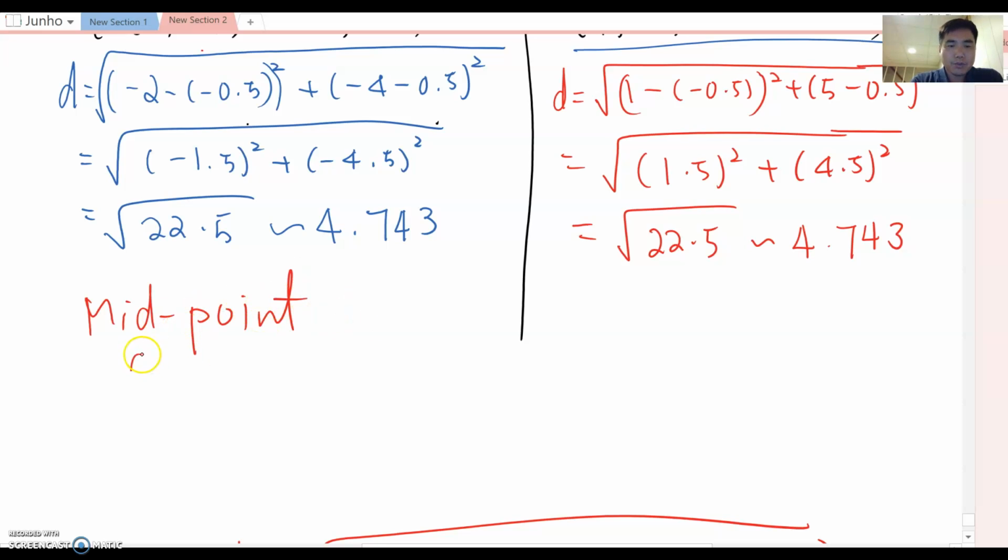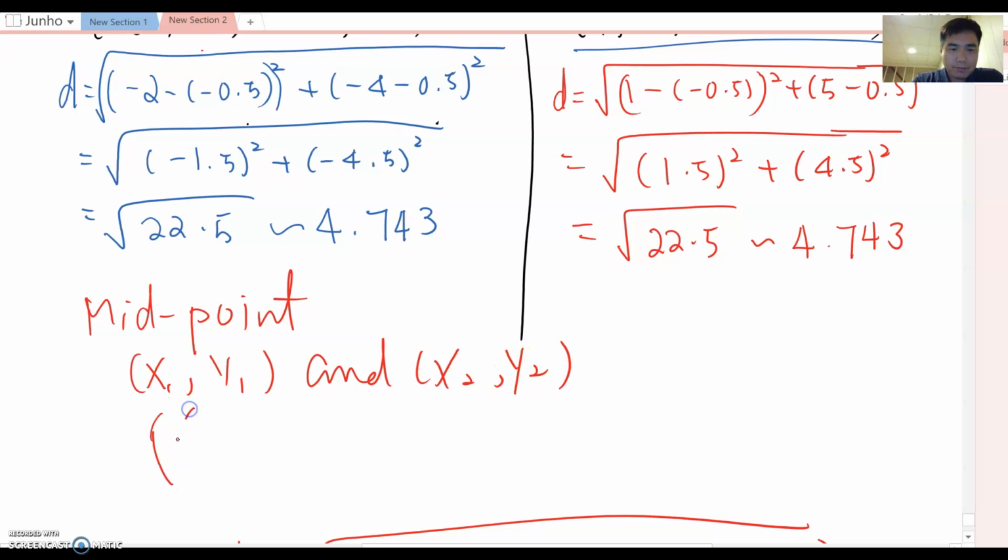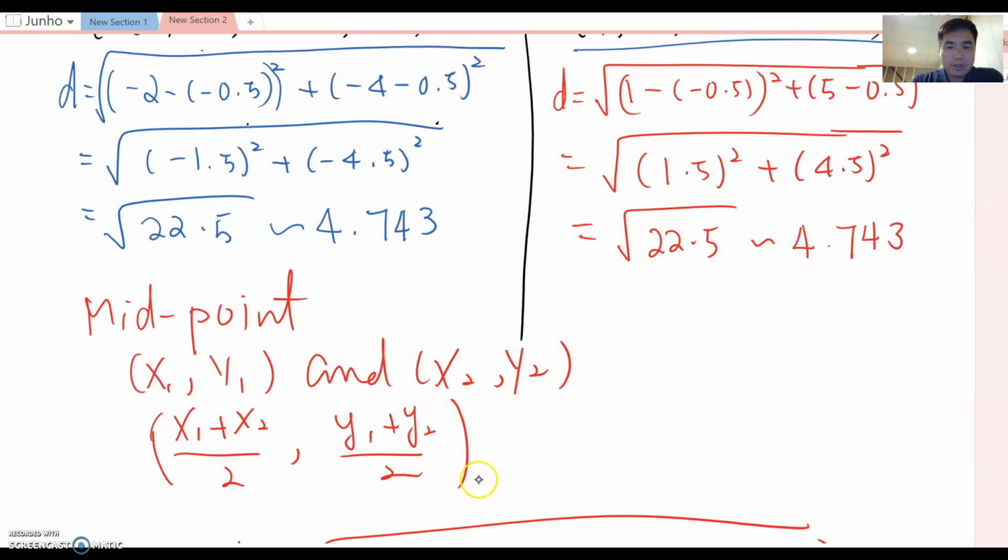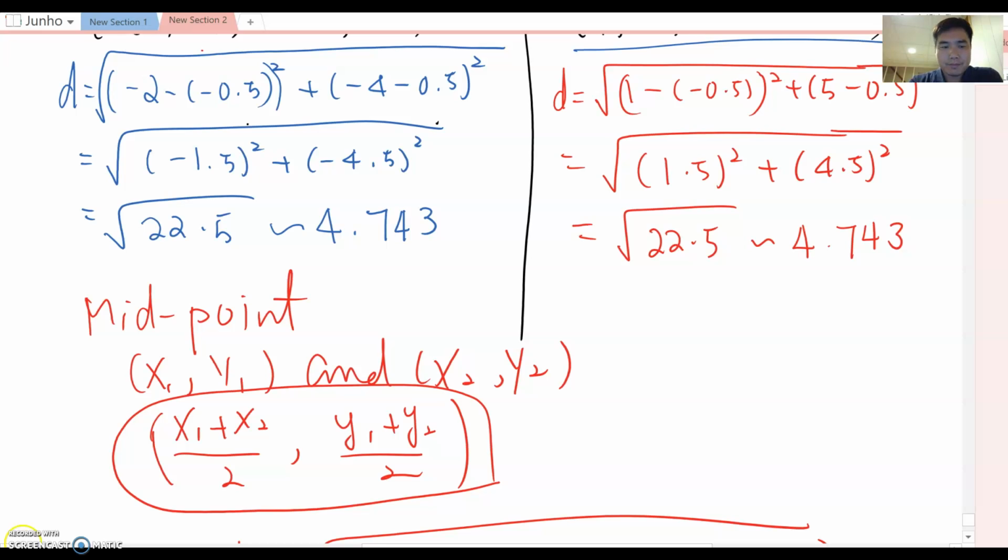If 2 points x1, y1 and x2, y2 are given, the midpoint becomes x1 plus x2 over 2 and then y1 plus y2 over 2. That will be the midpoint formula.